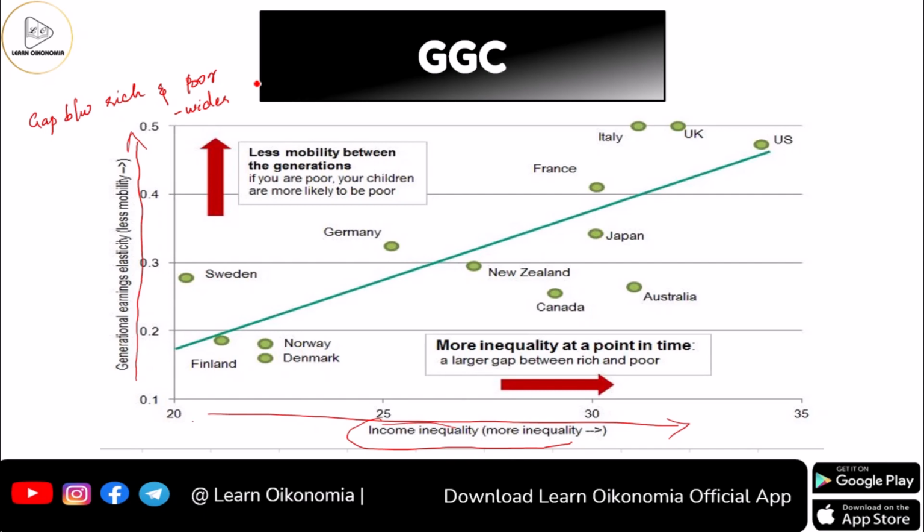Now we have to consider, in such a case, what would be the scenario with respect to generational earnings. And what do we mean by generational earnings? The earnings of different generations.